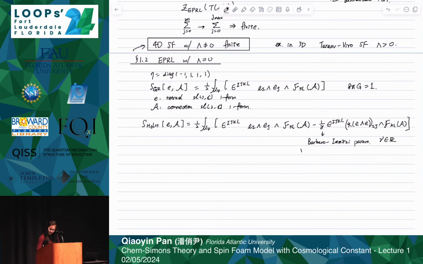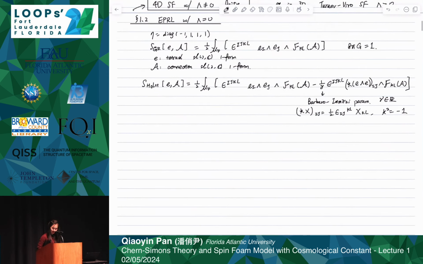And this Hodge dual, if I act on a two-form, say x, then it acts in this way: 1/2 epsilon ijkl x^kl. Because we are in Lorentzian signature, the Hodge squared equals -1.